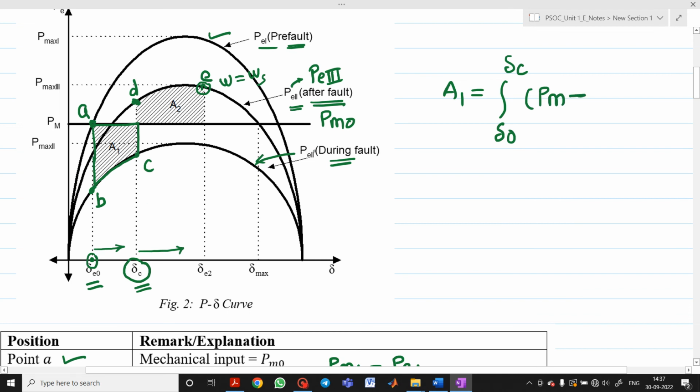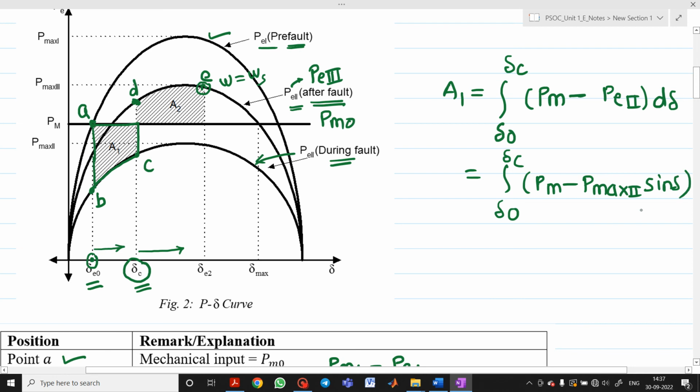The lower limit is PE2. So I can write it as integration of PM minus PE2 into d delta, which is equal to integration from delta 0 to delta C of PM minus PE2. PE2 we have already derived: it is Pmax2 into sin delta d delta. This is your final equation of area A1.